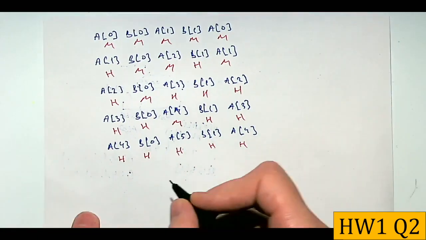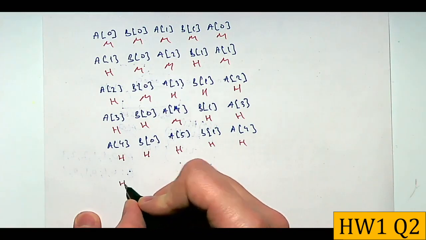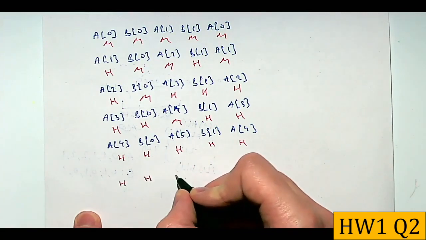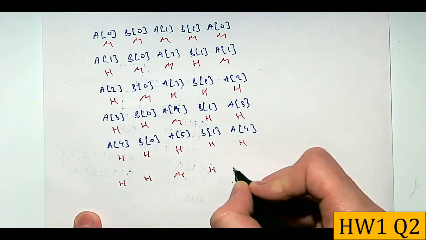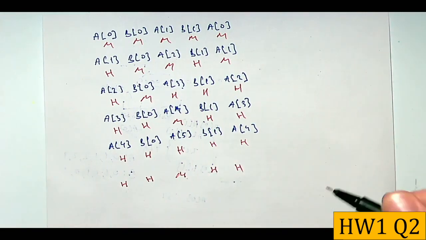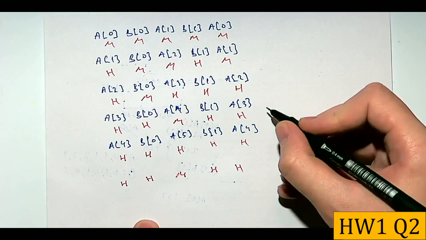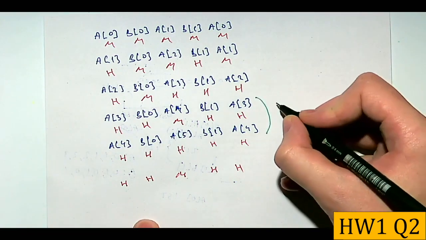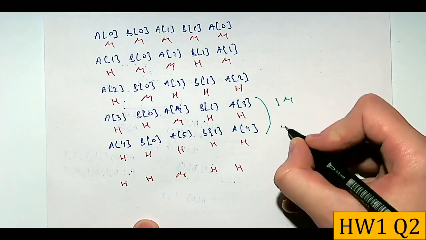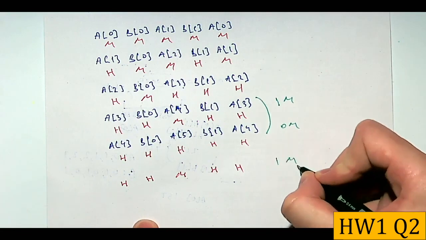Okay, and in the next iteration, we will have a hit to A5, a hit to B0, a miss to A6, it's a new cache line, and then hit again, hit again. Okay, so starting from this iteration here, we will have 1 miss and 0 misses, and those will interleave. 1 miss, 0 misses.